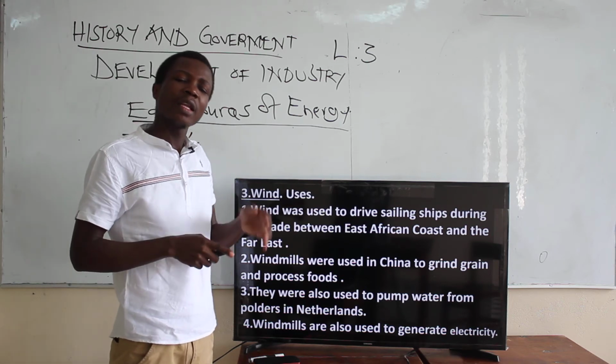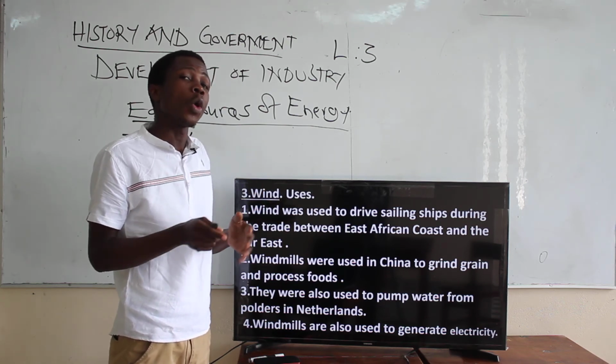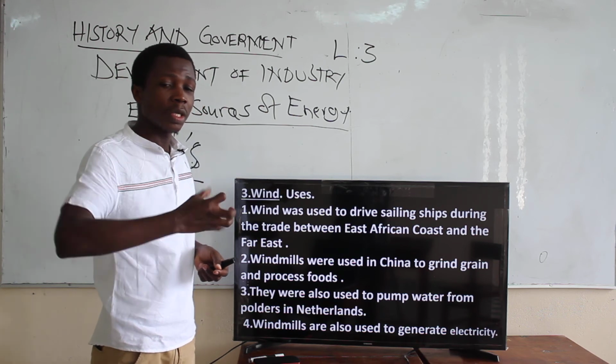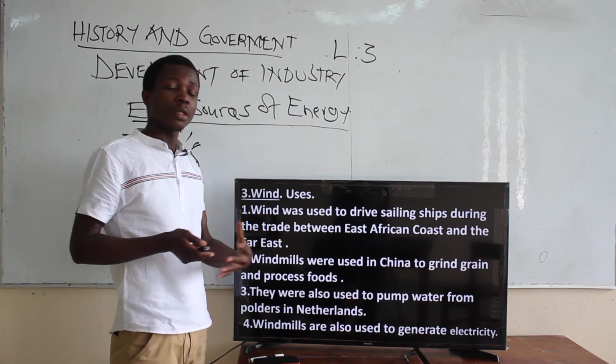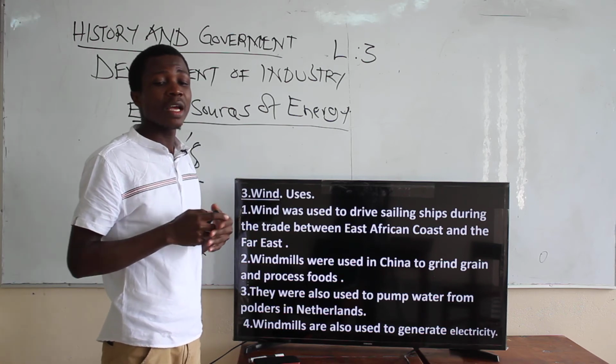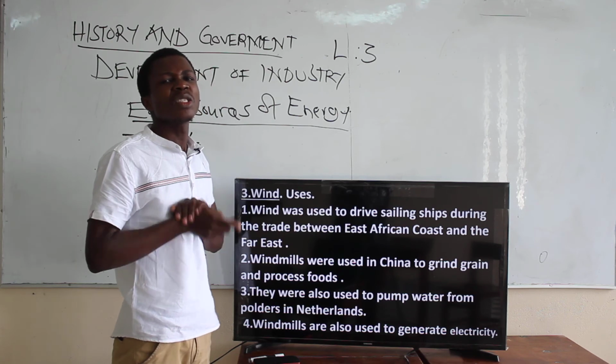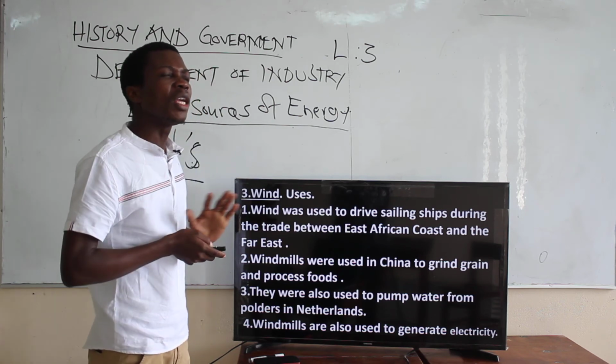Then the next, windmills were used in China to grind grain and also process food. Windmills provided that energy to grind grain and also process food. That was introduced in China, which is a country in Asia.